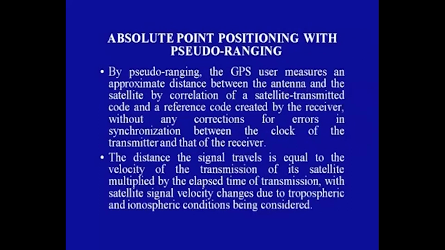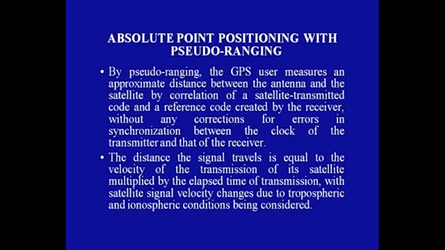In the next method of absolute point positioning with pseudo ranging, the GPS user measures an approximate distance between the antenna and the satellite by correlation of a satellite transmitted code and a reference code created by the user, without any corrections for the error in the synchronization between the clock of the transmitter and that of the receiver.